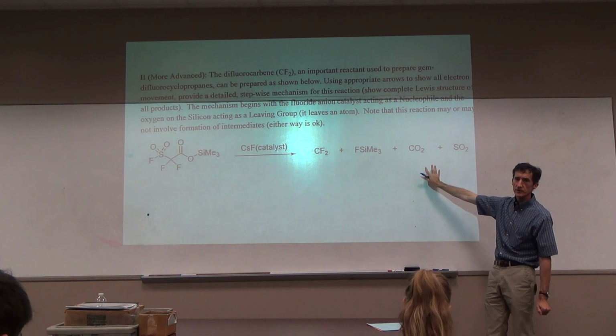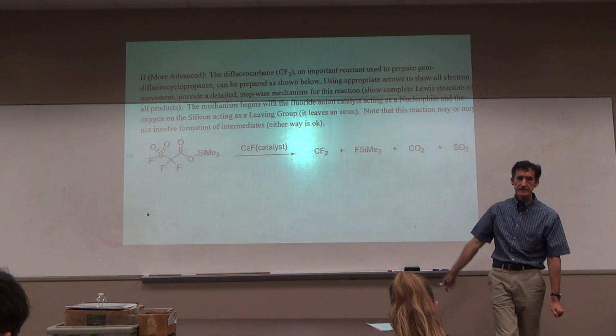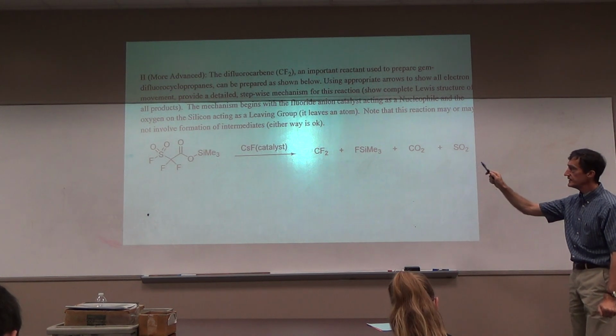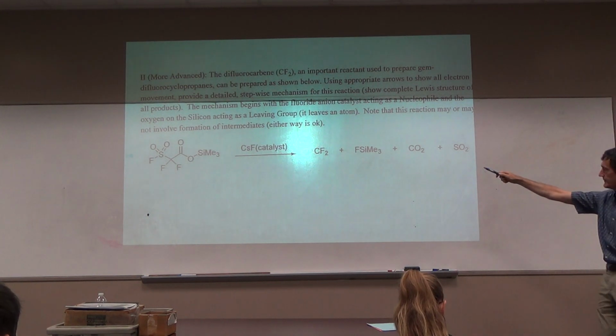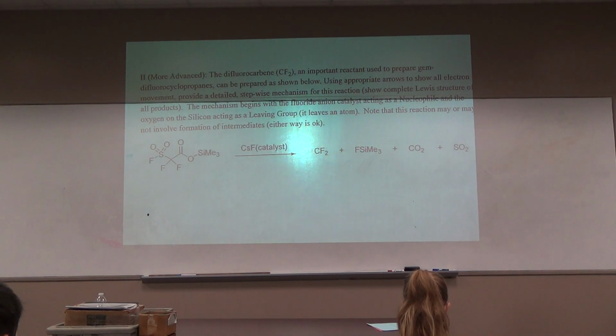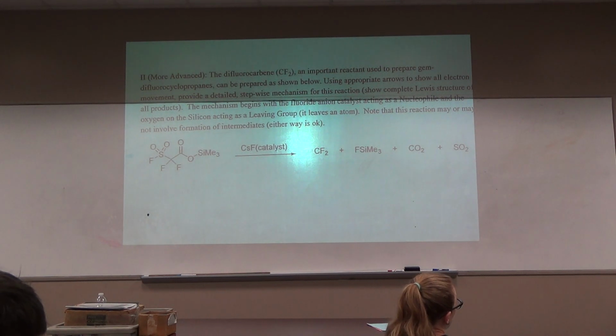Good practice for your arrow movement, and seeing that every formation of every one of these things over here can be shown with simple arrow movement and the electrons just moving. Okay? And I will also send out a key to this. I believe this and the expansion is on the same page.